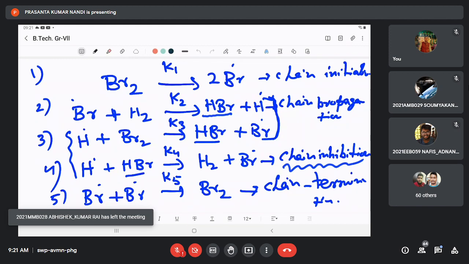So bromine radical and H2 react to produce HBr plus H. And H dot radical plus bromine react to produce HBr plus Br dot, where k1, k2, k3, k4, k5 are the rate constants of the respective reactions.